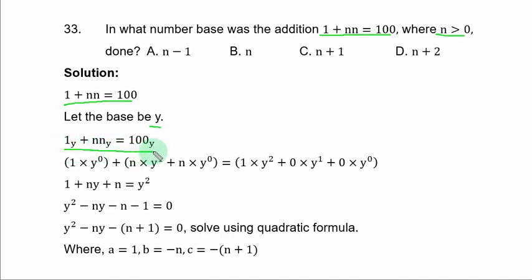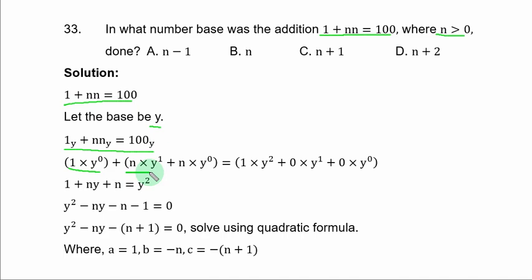What we do here is convert from base y to base 10, and to do that you use exponent notation, where you multiply each number by the base and attach the position of the number to the base. The first number is 1 times y. The position starts from 0, so you have y power 0.